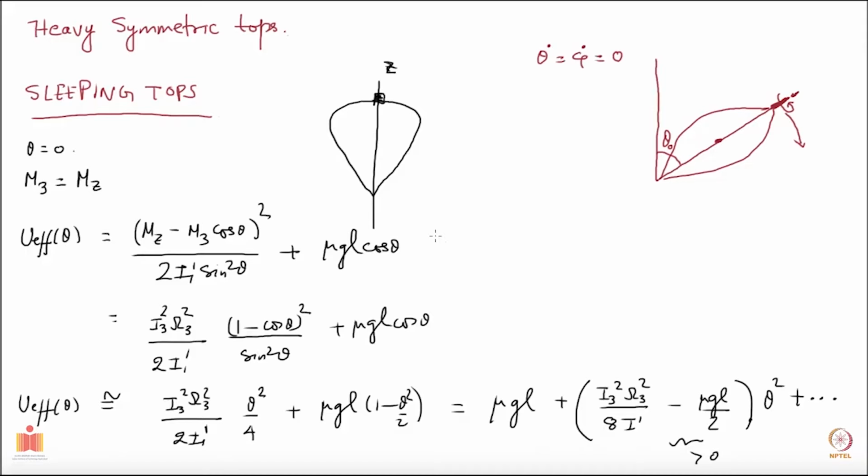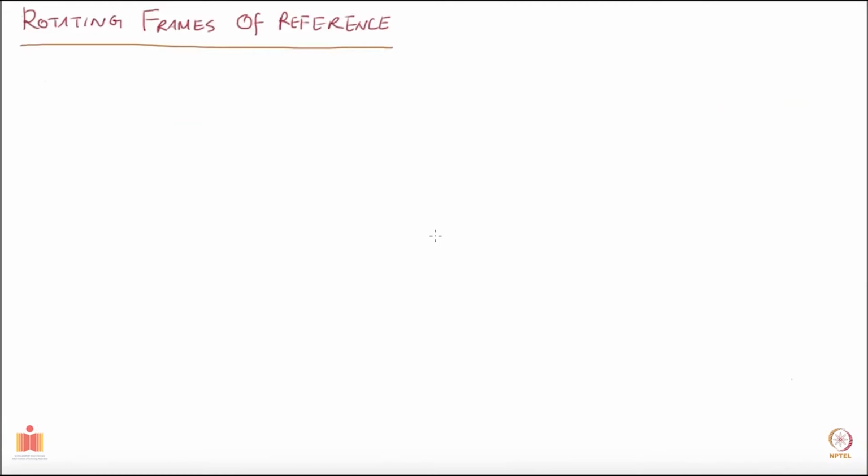Hopefully I'll do that. But before I do that, I should talk a bit about rotating frames of reference and how time derivatives are related in the two. So the title is rotating frames of reference. What we do is we imagine one frame which is inertial, and another frame which is rotating with respect to this inertial frame.